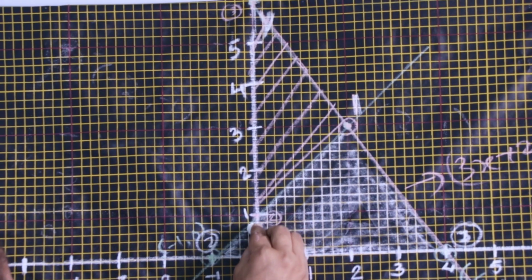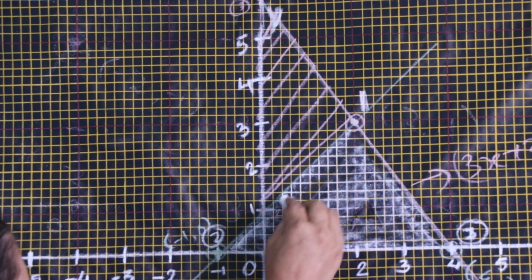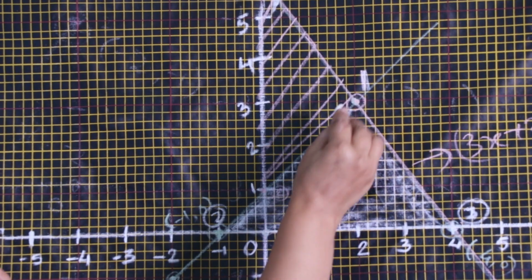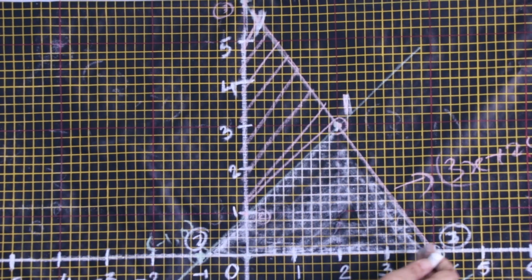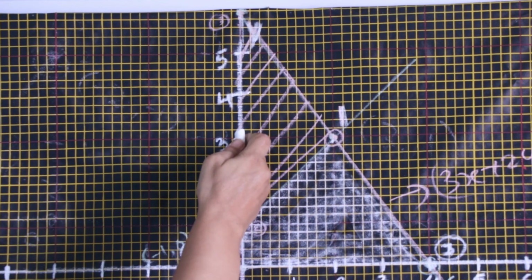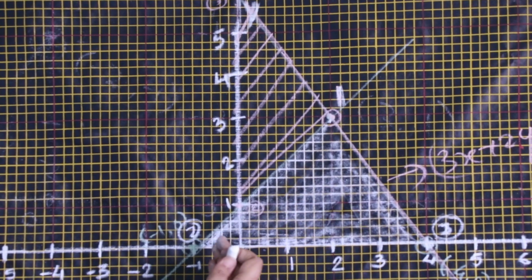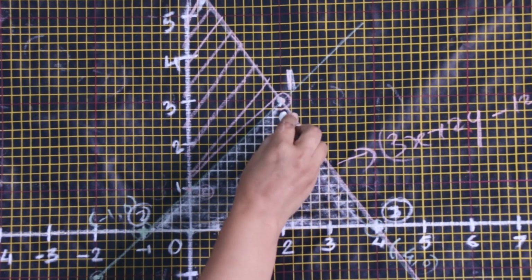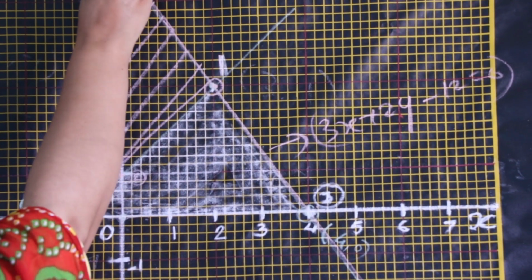See, I am taking this part also. Just cover the area which falls within these three lines. So, this is a triangle formed by these two lines with y-axis. This is a triangle formed by these two lines with x-axis. See, this line is touching y-axis here.